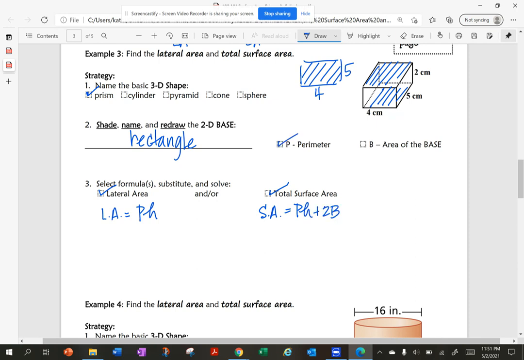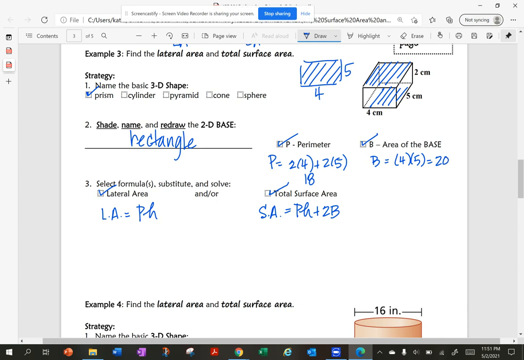So I'm calculating the perimeter and the area of the base. So the perimeter is going to be 2 times 4 plus 2 times 5, which is 18. And the area of the base is 4 times 5, which is 20.